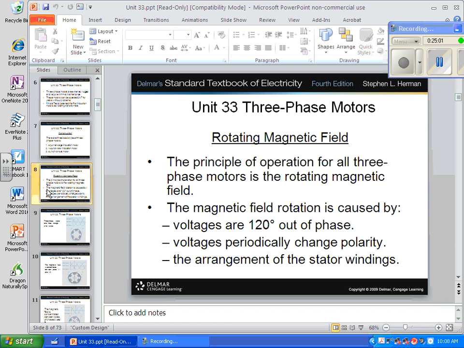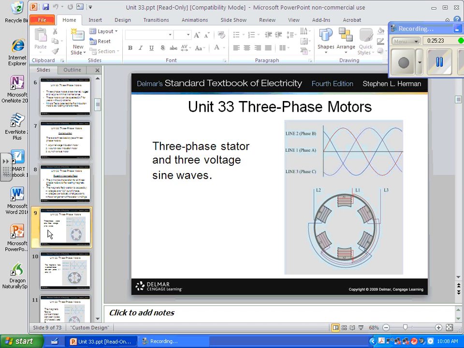Rotating magnetic field. The principle of operation of a three-phase motor is that rotating magnetic field. The magnetic field rotation is caused by voltages that are 120 degrees out of phase. We've talked about how three-phase power is created. Voltage periodically changes polarity, the arrangement of the stator windings. Three-phase motors, three-phase stators and three-phase voltage sine waves.